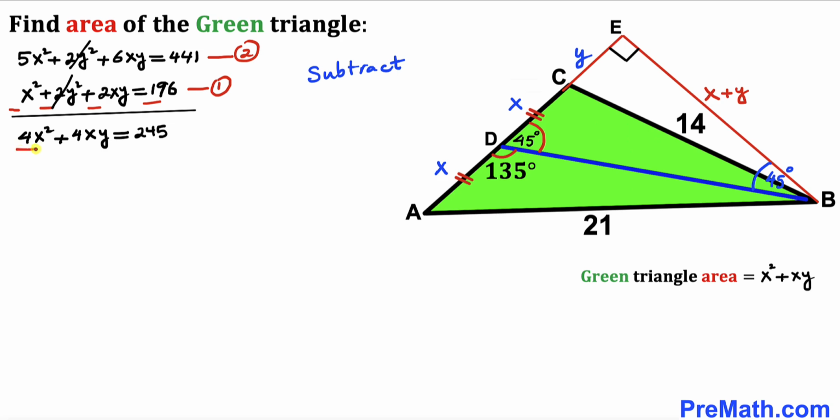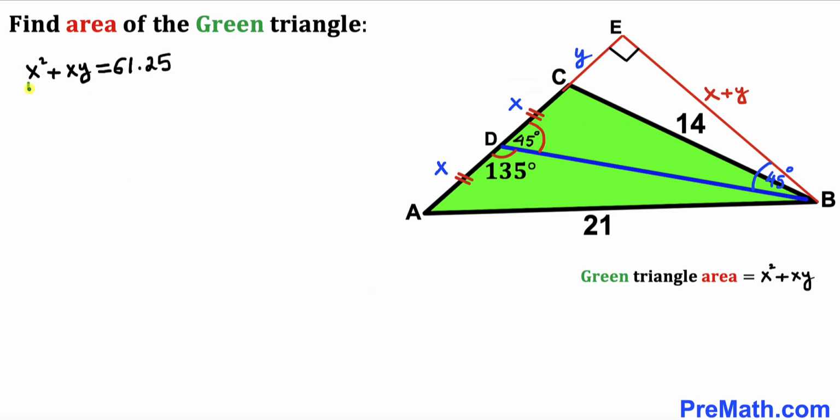Now we divide each and every term by 4. The left hand side becomes X square plus X times Y, and in decimal form, this is equal to 61.25. So our X square plus X times Y value turns out to be 61.25.